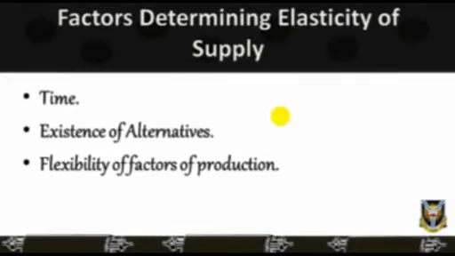Also, manufacturers can shift production to alternatives if price changes on one product. 3. Flexibility of factors of production. Goods that have alternative uses have elastic supply curve, whereas goods that are rigid in use have inelastic supply curve.